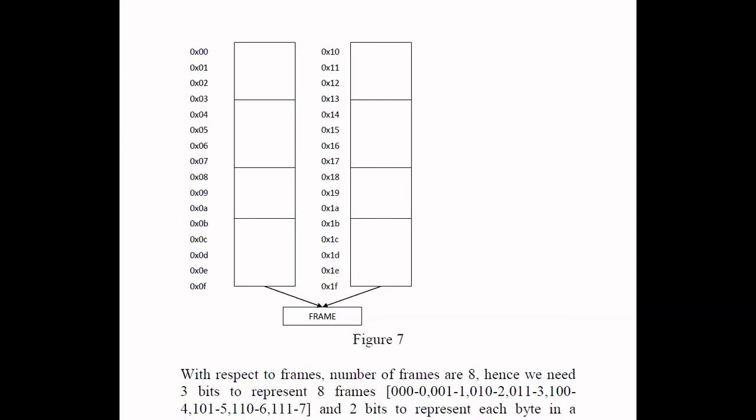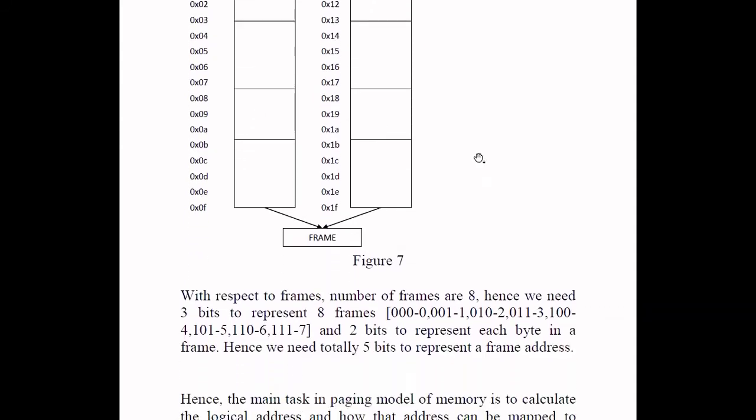So with respect to the physical memory, it is 3 bits in order to represent the frame number, and again the logic holds good here. Inside the frame, we need to go to the respective bytes where I have stored the pages. In order to go to that byte, I need 2 more bits. So in order to represent the frame, I need 3 bits, and in order to represent the bytes within the frame, I need 2 bits, which sums up to 5 bits on the whole.